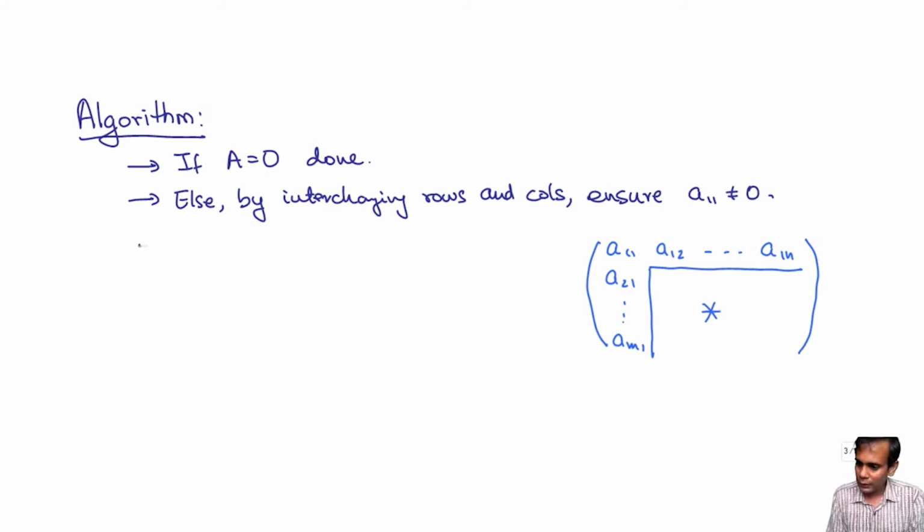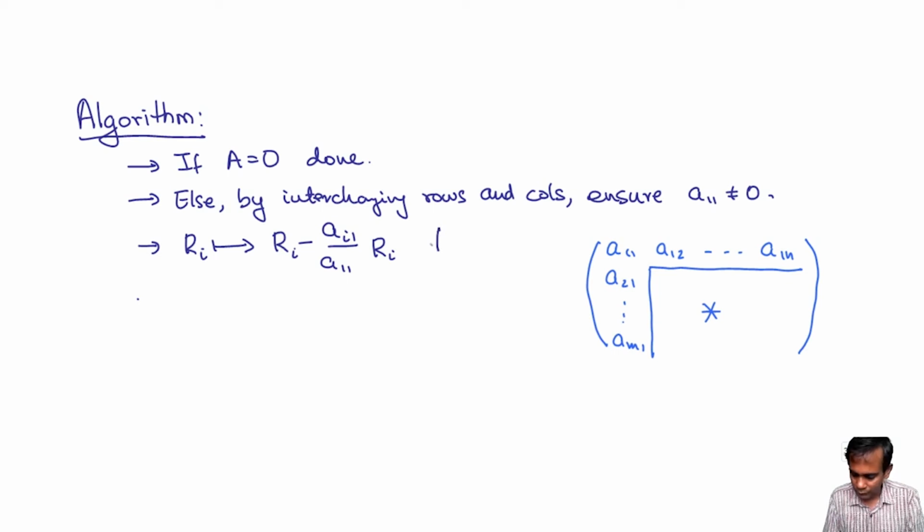So what you do now is you take Ri and replace it by Ri minus Ai1 by A11 times R1. This A11 is non-zero, and we are working over a field, so we can definitely divide by A11, and this will have the effect of killing off the element Ai1.